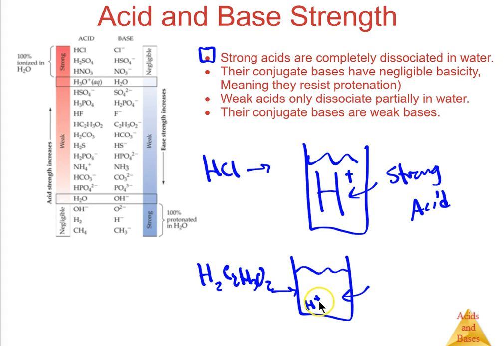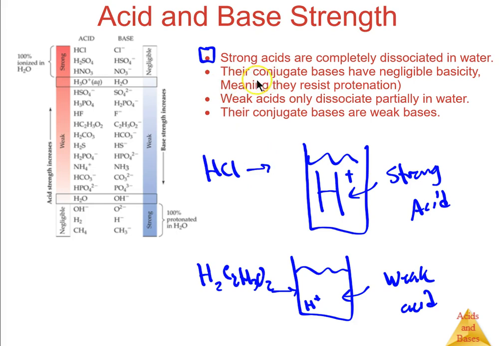So there's not a lot of H+, so we'd say it's a weak acid. Okay? It does make sense why it's defined the way it is. It just isn't what we're used to.